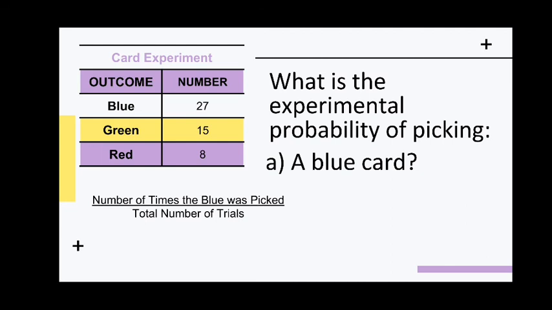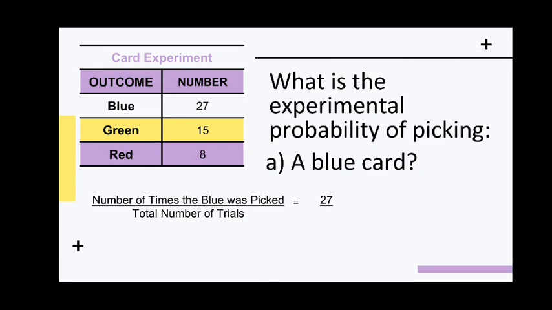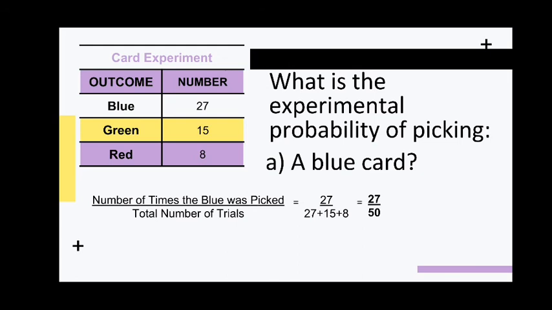So as you can see dun sa table, 27 times nag-appear or na-picked ang blue out of course, to know the total number of trials, we should add the numbers. So 27 plus 15 plus 8 equals 50.